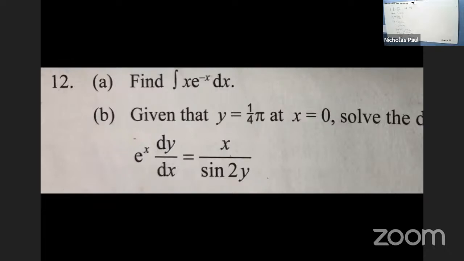Andy, which one are you going to differentiate, x or e to the minus x? Differentiate. Okay, that's it.